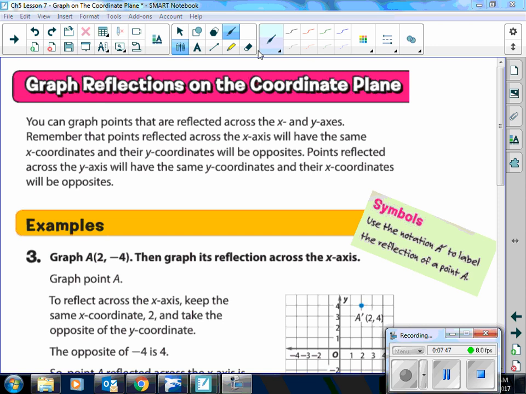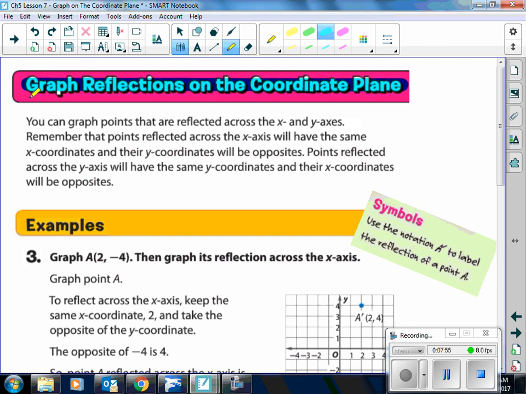So now we're going to graph reflections on the coordinate plane. So here, make sure you write your heading. Graph reflections on the coordinate plane. Here it says you can graph points that are reflected across the x-axis and the y-axis. Okay? You just have to remember that if we are reflecting across the x-axis, the y value becomes the opposite.